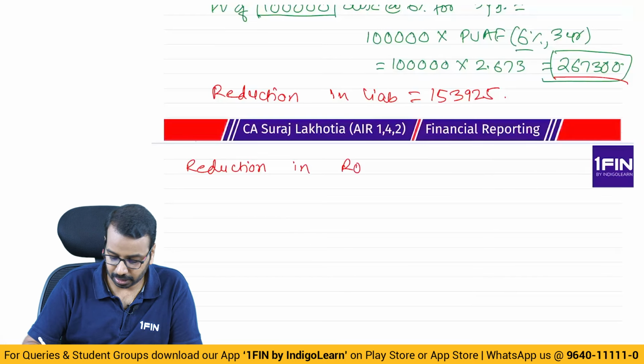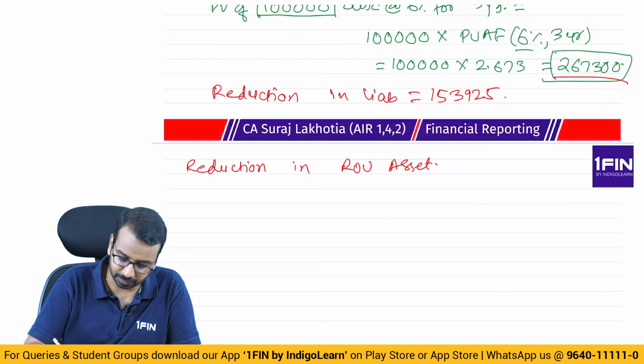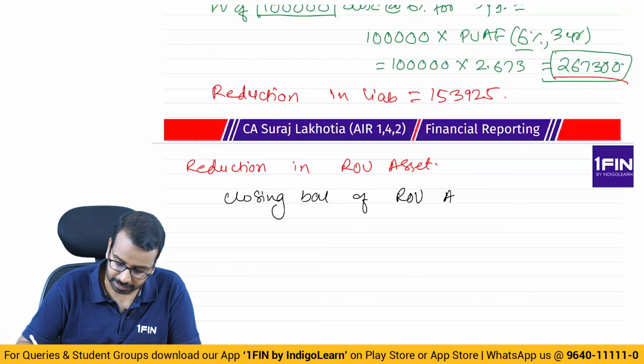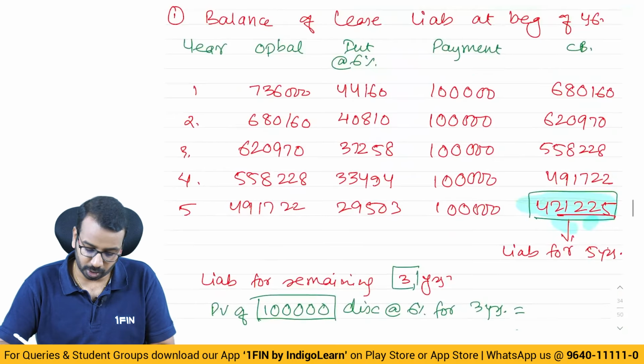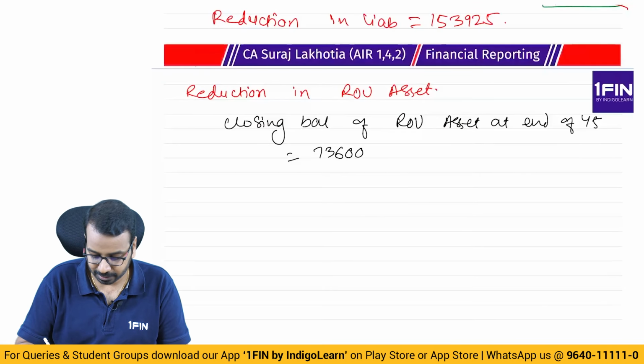Then we also need to see what is the reduction in ROU asset. For that, what do we need first? Closing balance of ROU asset at end of year 5. How much will that be? Our total ROU asset is 7,36,000.